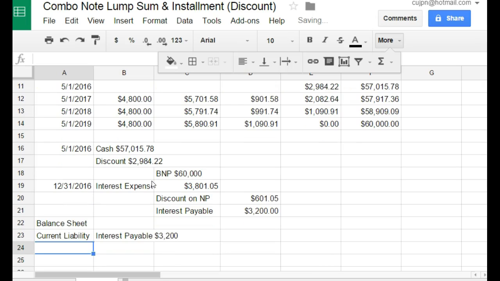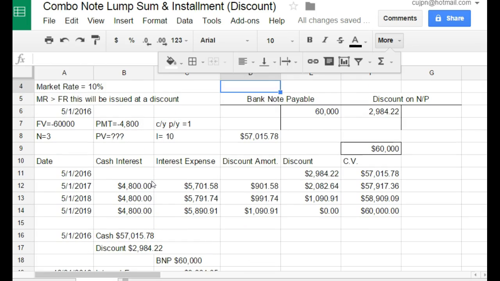Now, when it comes to the long-term liability, we have a couple things going on. We have the banknote payable, which still holds 60. Then we have the discount account. Remember, we're still using this adjusting entry of 601.05, and we're going to put it into the discount account, 601.05.